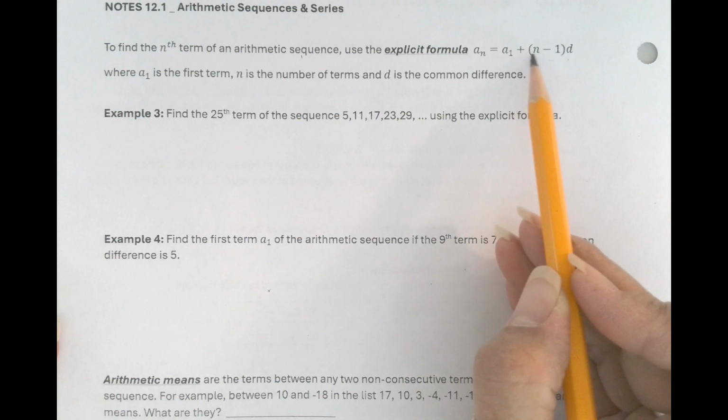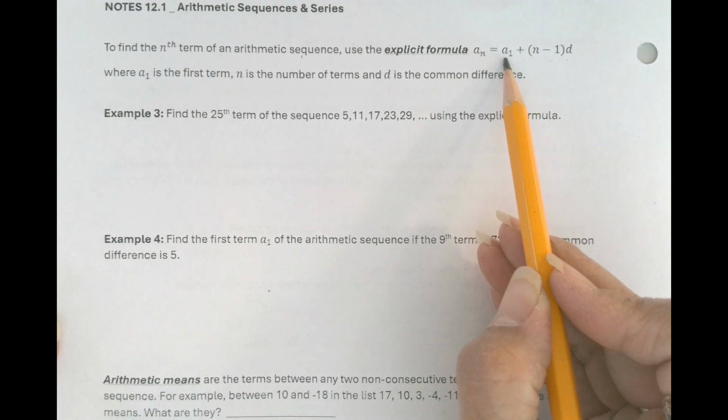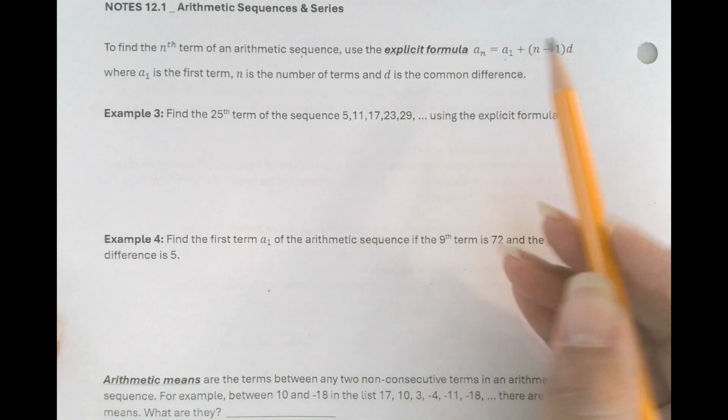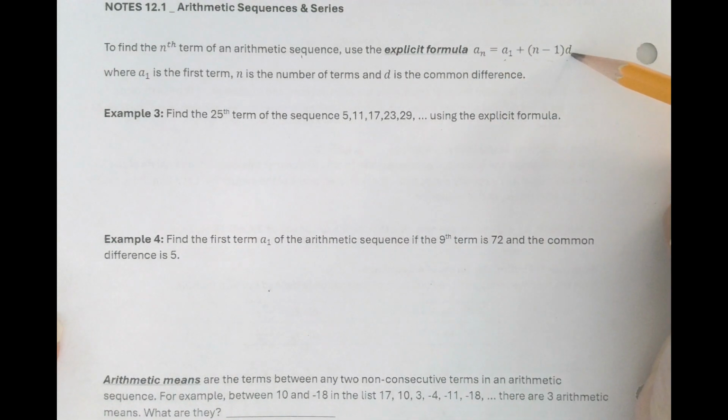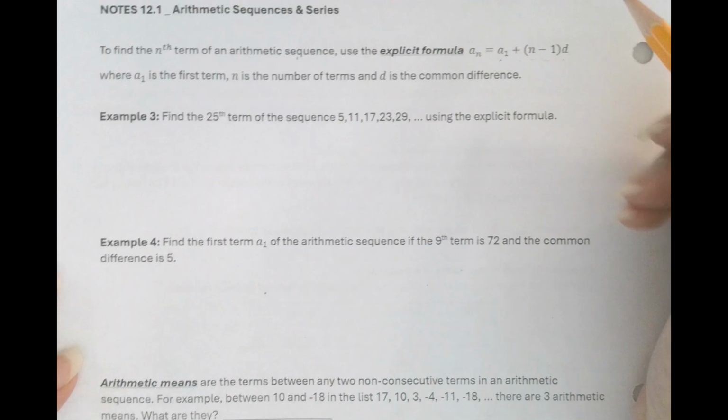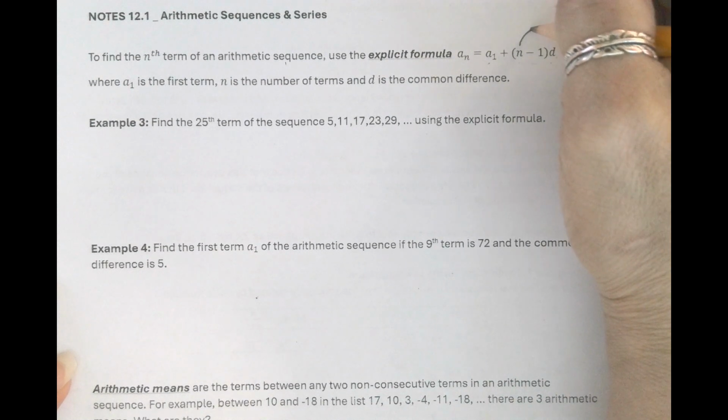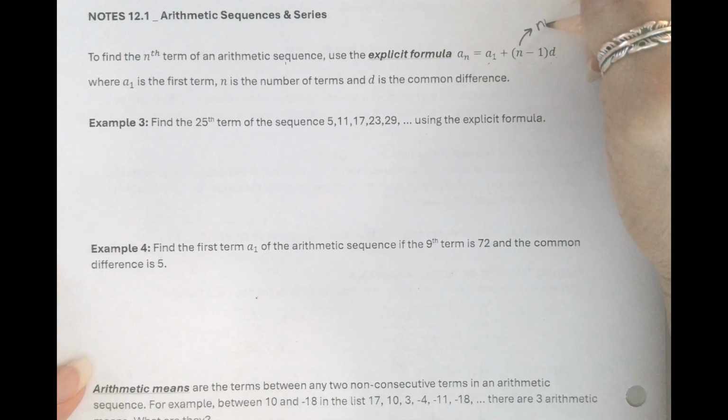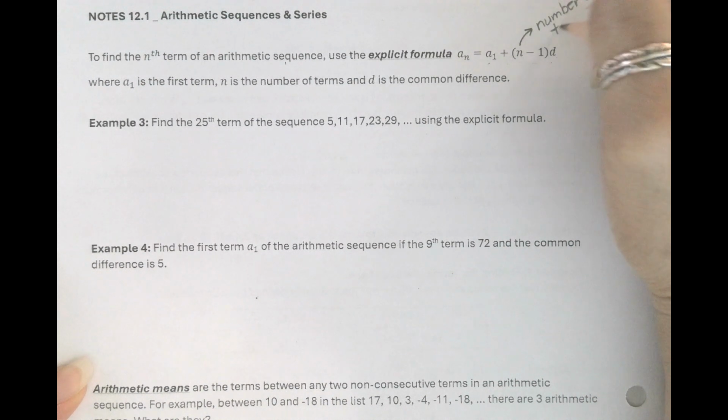We have already talked about a sub 1 being the first term given in that sequence. D is the common difference and the n stands for the number of terms. So if you need to put yourself a reminder, number of terms.